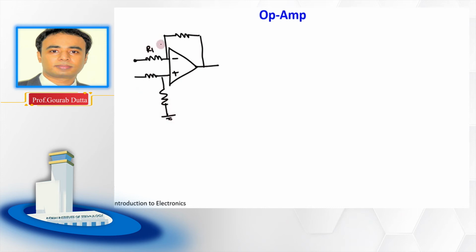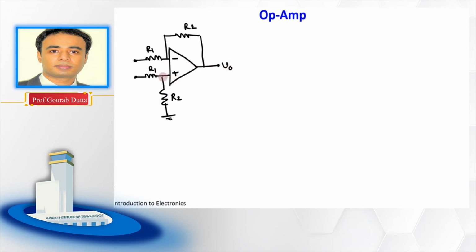Let us say for this case it is R1, R2, and this one is also the same, the ratio is the same, meaning R2 by R1 equals R4 by R3. Okay, that ratio is satisfied, right? In that case it will also be R1, and this will also be R2, and this is the output voltage, right?